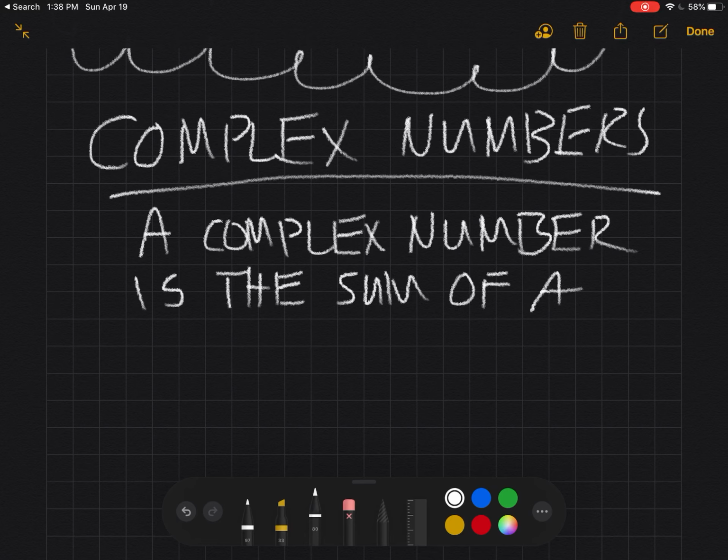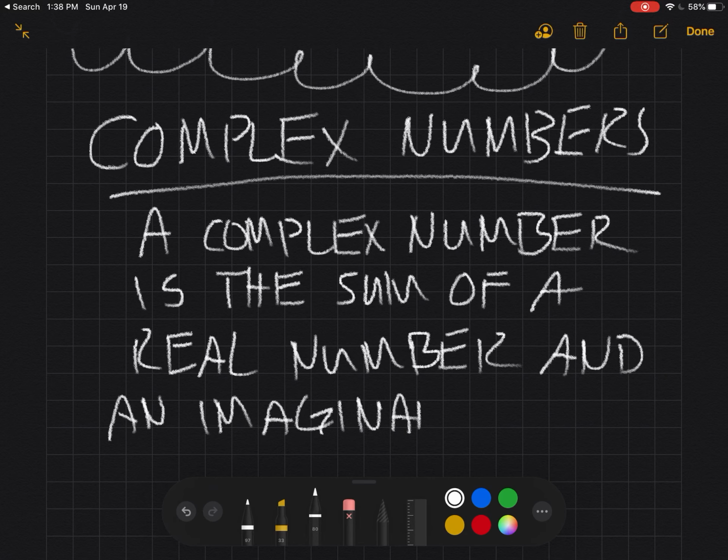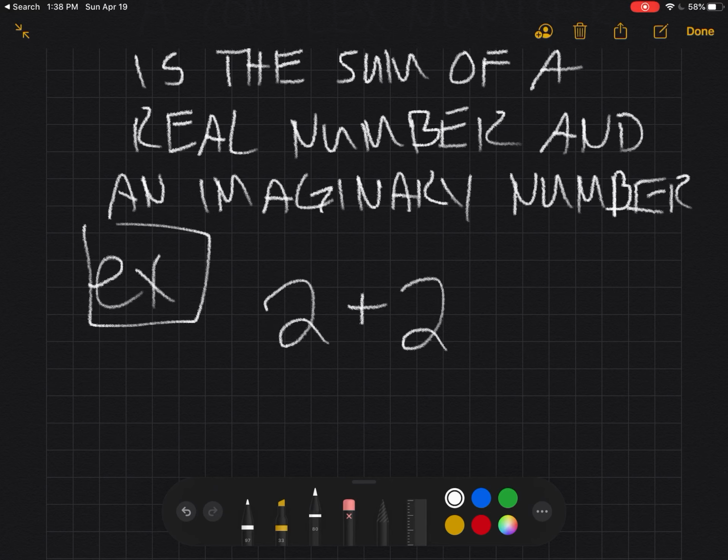So here we have complex numbers. So a complex number is the sum of a real number and an imaginary number. And I'll give you some examples.